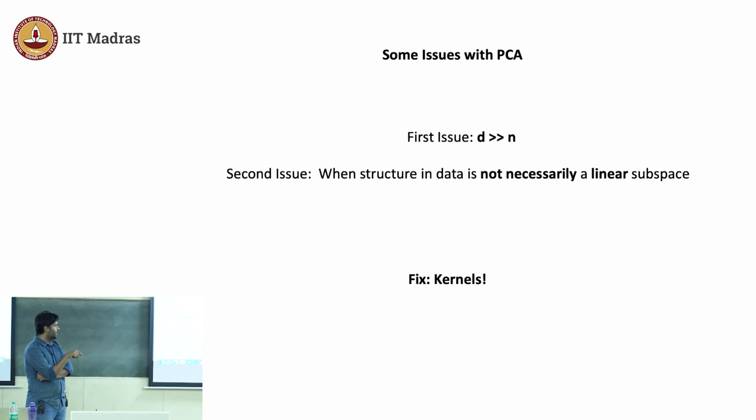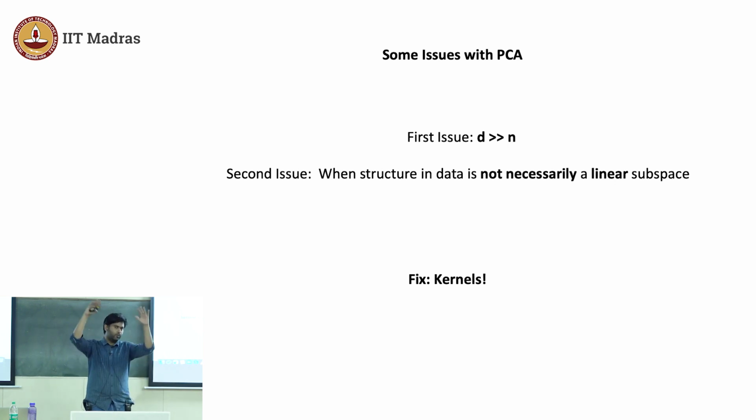Essentially, the idea is that when you start, you are given a bunch of data points, and you artificially project these data points to a very high dimensional space and then do PCA there. The idea is that the non-linear structure in the low dimensional space can actually be captured using a linear structure in a high dimensional space.